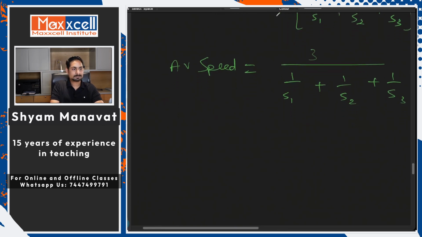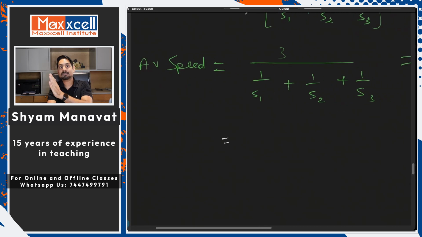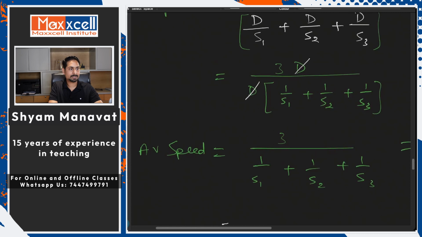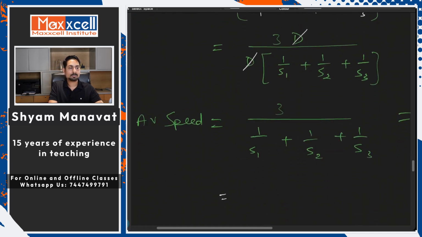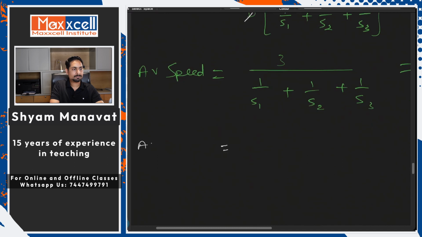So if you want to generalize this, if you have n segments and you have S1, S2, S3, similarly up till Sn, then what will be the average speed?